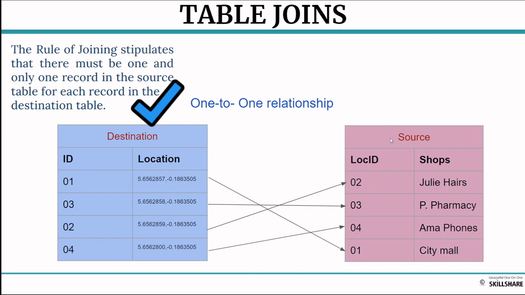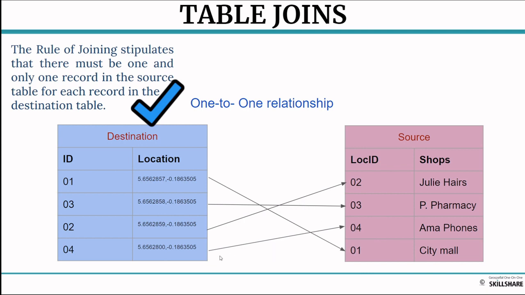Then you create a foreign key, which is the location ID. So the same ID, but this time you are using the ID based on what the place is. These IDs match with the location, just that you don't have the location inside this table. So you see that there's a destination table and a source table, and now you can match them.